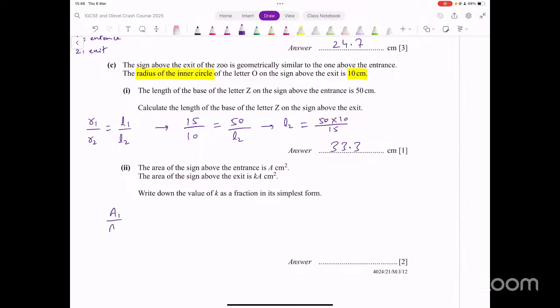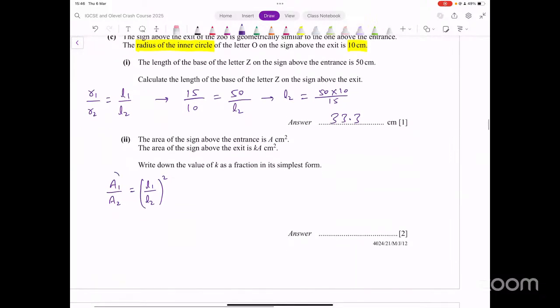So we can say A1 over A2 is equal to L1 over L2 whole squared. Entrance we're representing with number 1, so this is A1. A1 is equal to A. This is A2. A2 is equal to K times A. That's what they're saying.